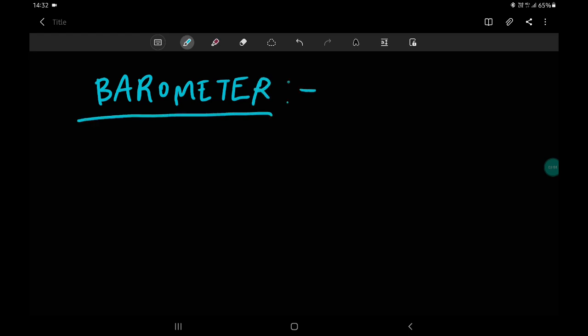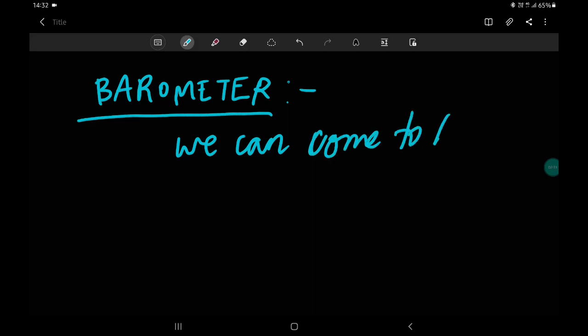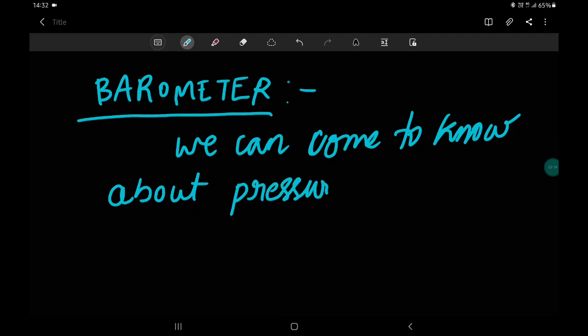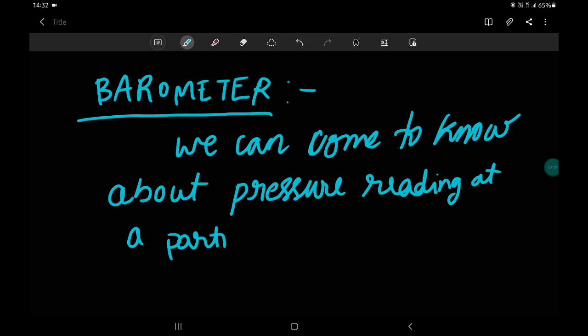By using a barometer we can come to know about the pressure reading at a particular horizontal level.